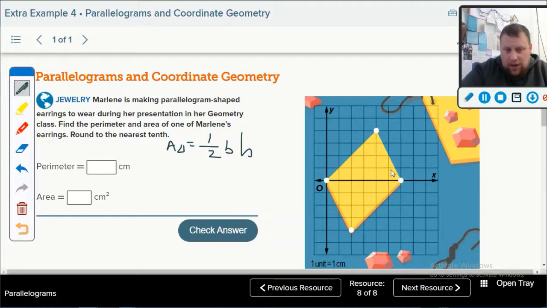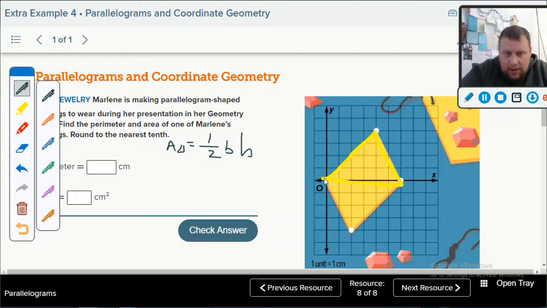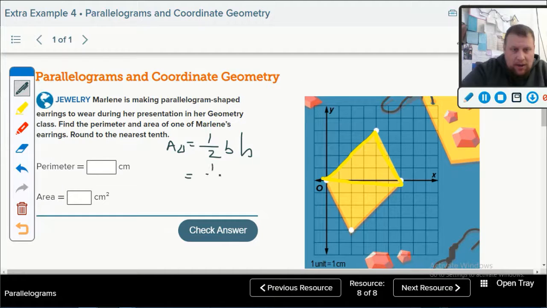And if I look at just this upper triangle right here, let's mark that out. Then let's look at that. That base is 1, 2, 3, 4, 5, 6. So that's going to be 1/2 times my base of 6 times my height.